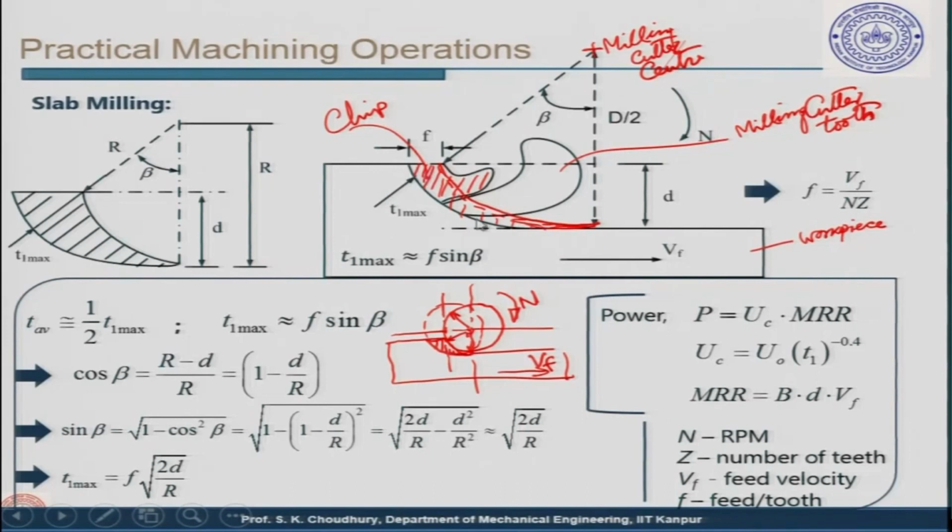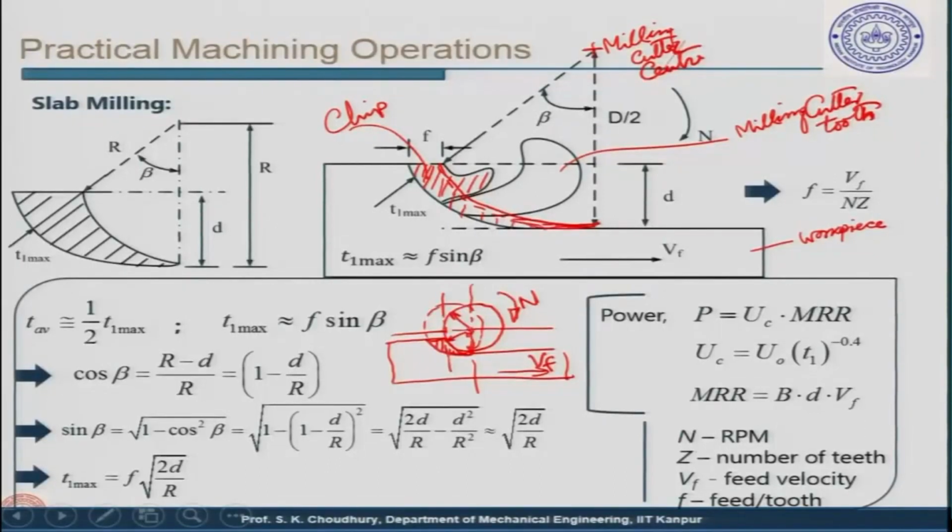So, normally in case of milling, the average value is taken, because initially when it is in touch with the workpiece, the t1 max is actually 0, but it is increasing gradually. So, you cannot have all the values taken up to the t max. So, normally it is given as the t1 average, and the t1 average is taken as roughly half of the t1 maximum. Okay. And this is quite okay in the sense.